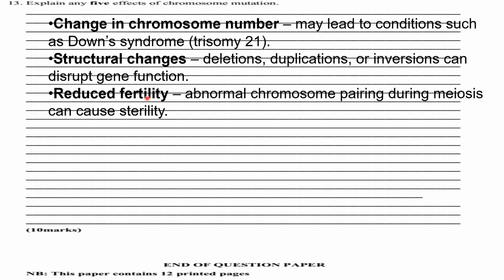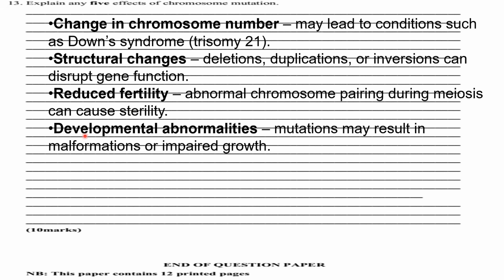Another one is reduced fertility. Abnormal chromosome pairing during meiosis can cause sterility, where one may not reproduce. Another one is developmental abnormalities. Mutations may result in malfunctioning or impaired growth.